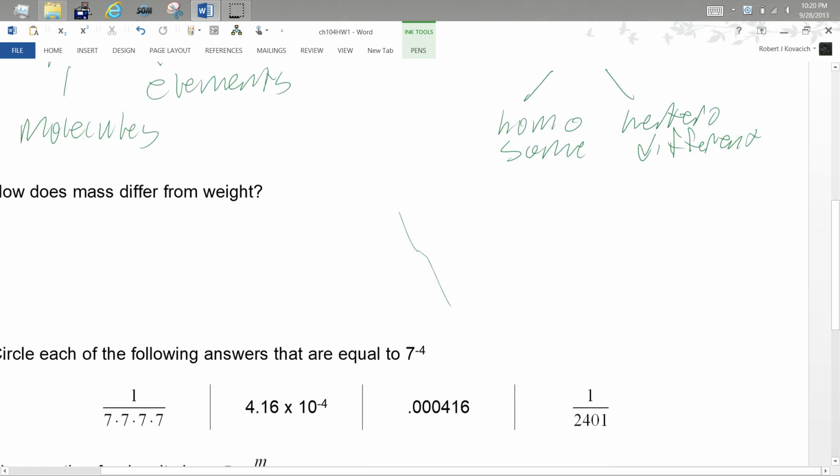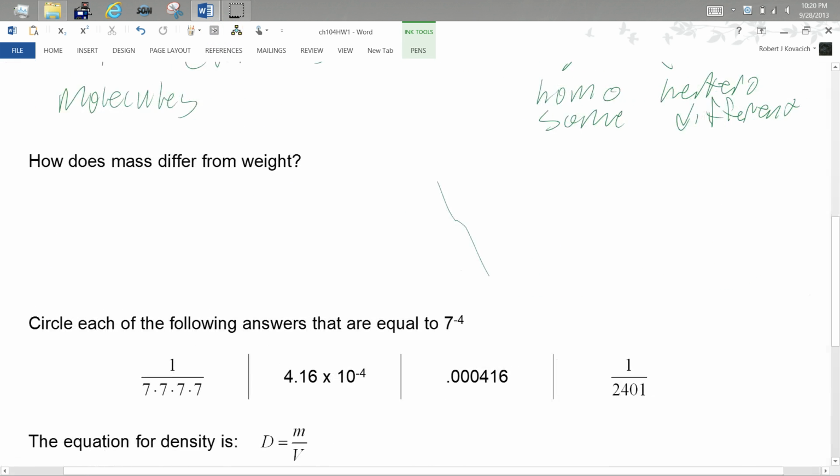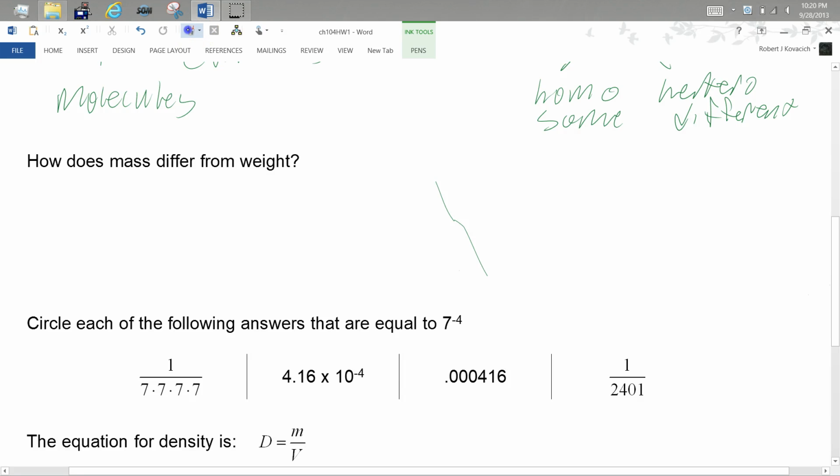Okay, and differences between weight and mass. All right, so mass is independent of position.